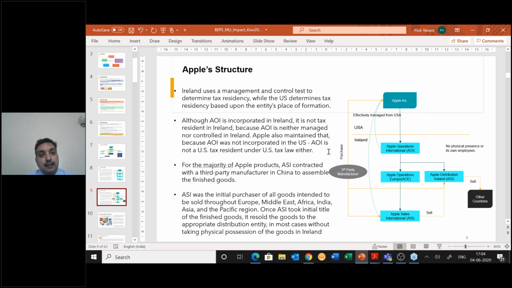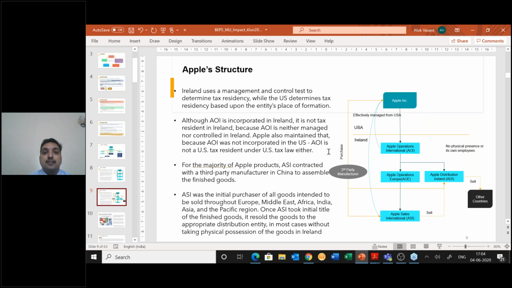Now, what happened after that? If you look at now, what's the tax law in both the countries? Let's look at that tax law in both the countries. Now, Ireland uses a management and control test to determine tax residency, while US determines tax residency based on entity's place of formation. So what they did, they said AOI is managed from US, even though it is incorporated in Ireland.